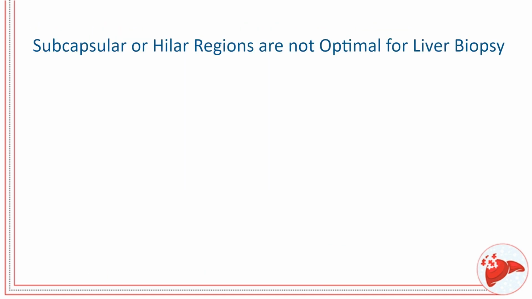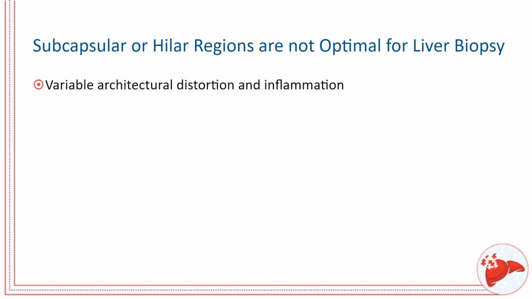Besides length and width, location also should be considered. The subcapsular and hilar regions are areas where it is not recommended to place a needle for liver biopsies, because those areas are well known to display variable architectural distortion and inflammation.